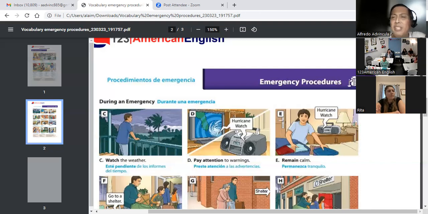Besides the hurricane, what are some other types of natural disasters? Earthquake, yes, that's one.